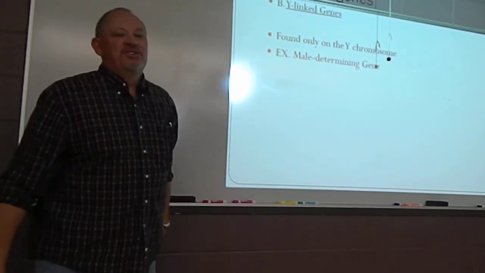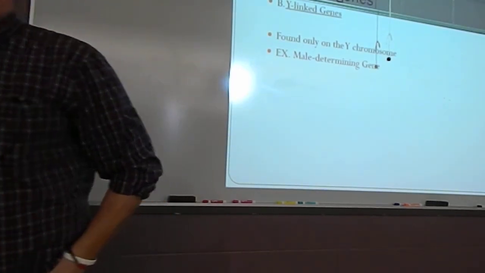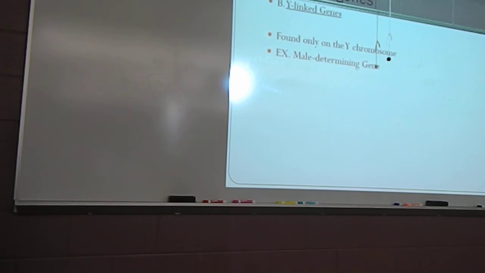And the male determining gene is the one that we just talked about. Thomas Hunt Morgan did his research on fruit fly eye color and wings, whether they're fully developed or real wrinkly little things. Anyway, he found that one of the eye colors was associated with the X chromosome.